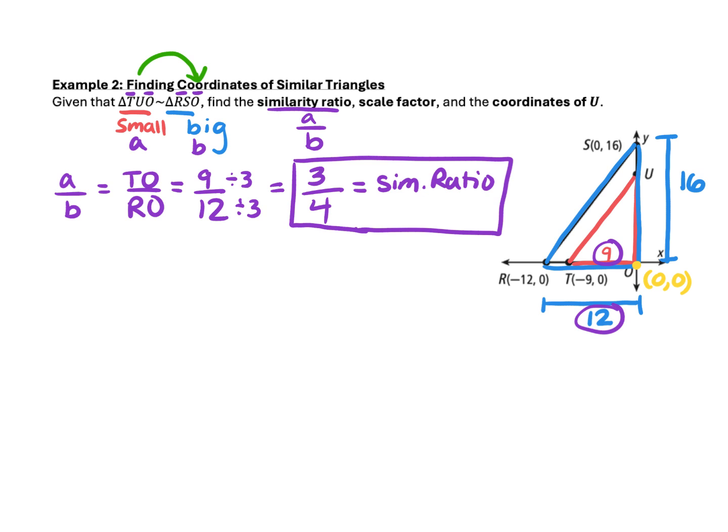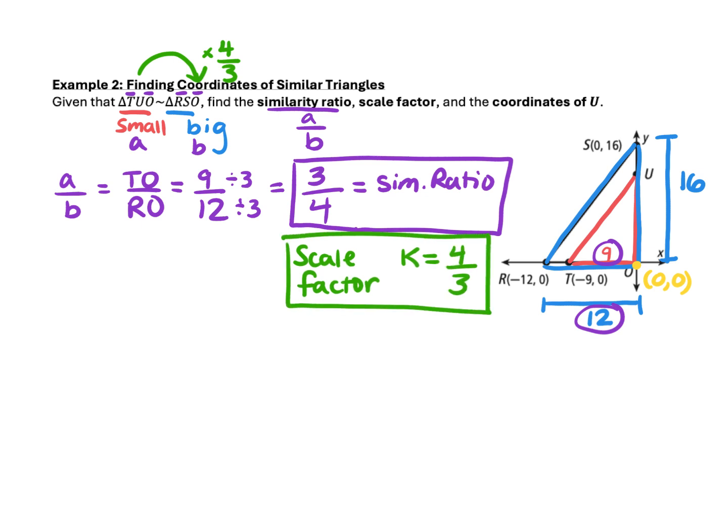But if I do the reciprocal of 3 over 4 and multiply by 4 over 3, that's going to give us the next value. So the scale factor is always just the reciprocal of the similarity ratio. And remember, we abbreviate scale factor with a K, so I'm going to go K equals 4/3.